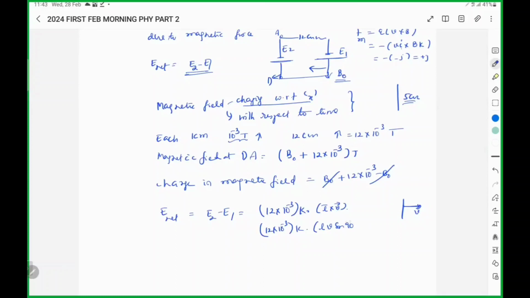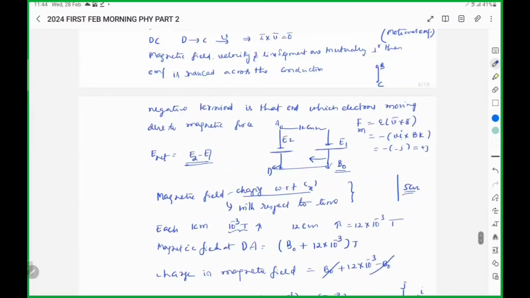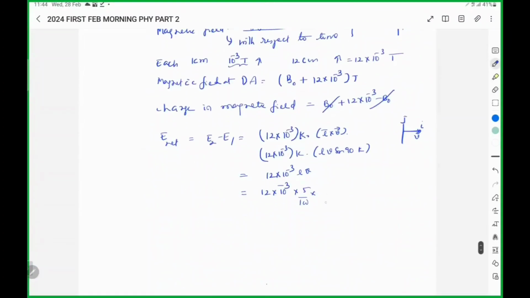So here L cross V will be j cross i, which is k. So we get 12 into 10 power minus 3 LV, sin 90 is 1. We get length is 5 centimeter, velocity also 5 centimeter per second. Converting in meters, 300 into 10 power minus 7 volts.